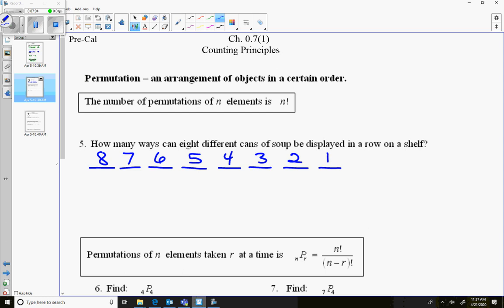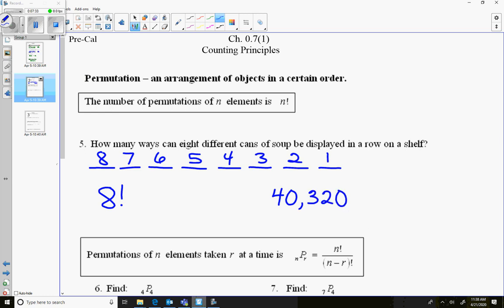What did we just do if you multiply all those? Shorthand notation, that is simply 8 factorial. All right, now if you punch all that out, you get 40,320.